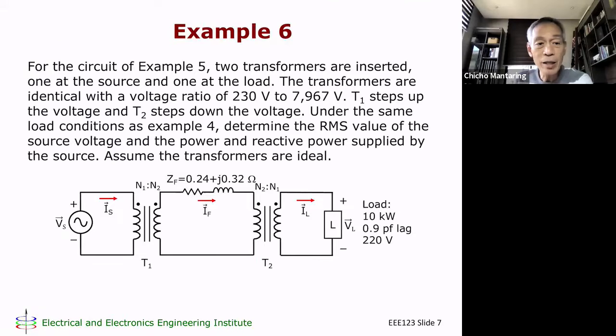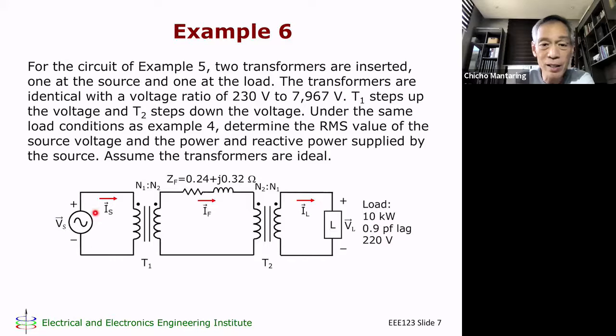Okay, this is what I want to do. This is exactly the same load, 10 kilowatts, 0.9 power factor lag, 220 volts, the same load voltage, the same power factor, the same real power. And this is exactly the same source. Well, not exactly the same source.